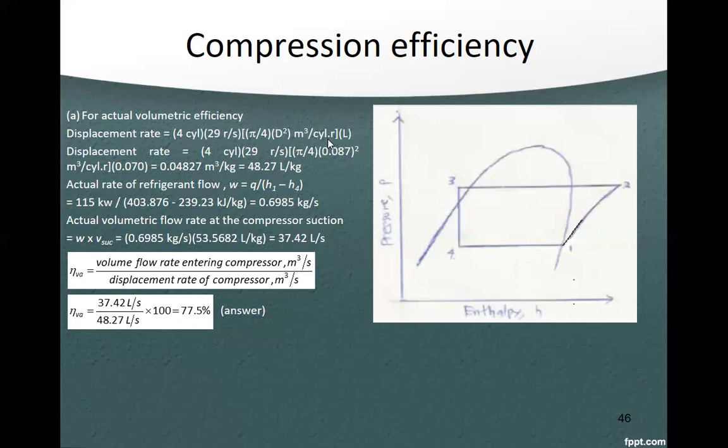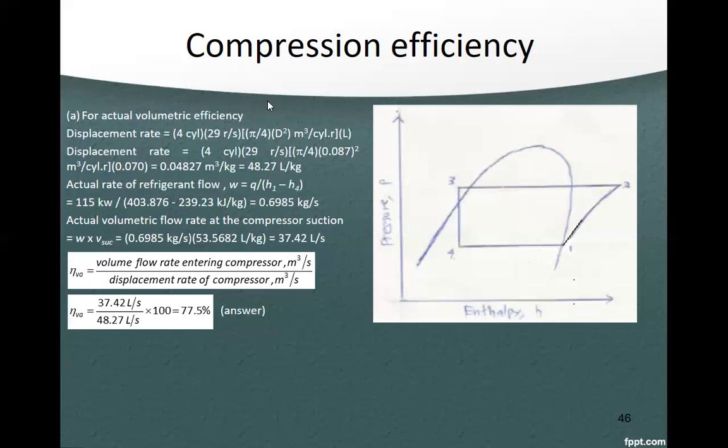Per cylinder, per revolution. Substitute the value 0.087. So 4 cylinders times 29 revolutions per second times π/4 times 0.087 squared times 0.07 is 0.04827 cubic meters, or 48.27 liters.